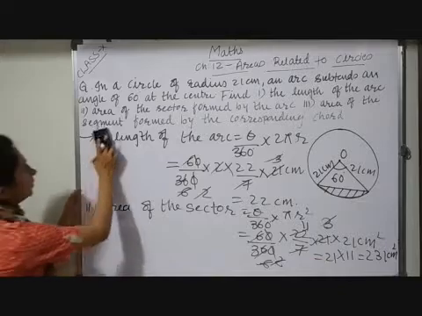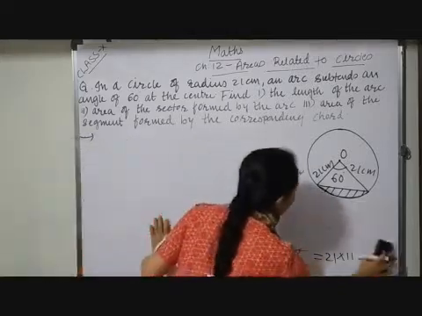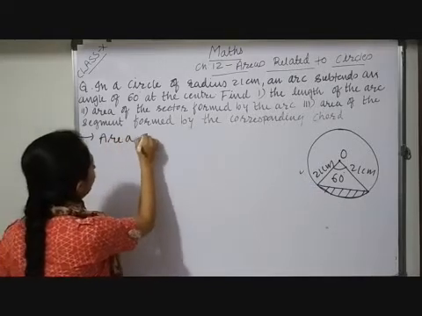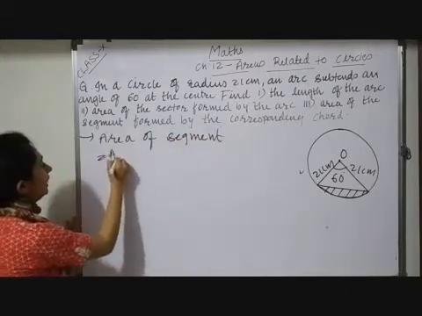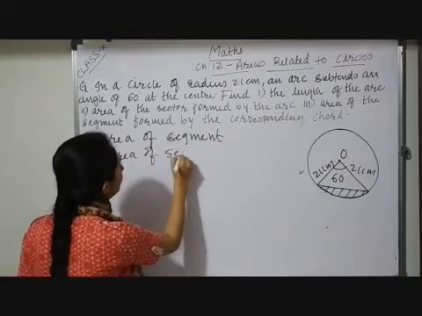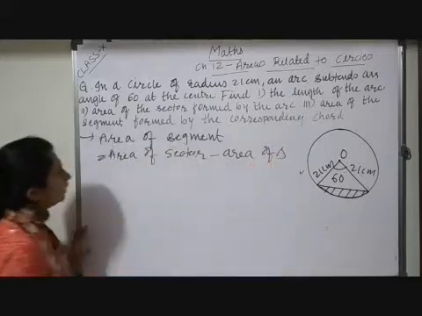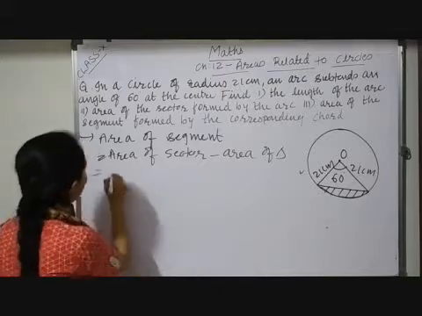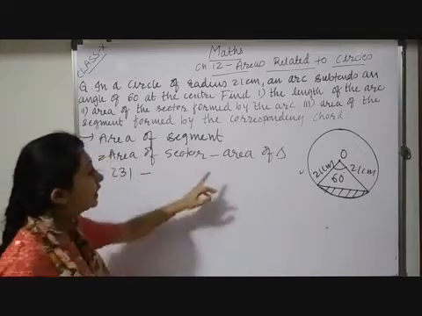So here area of segment is equal to, I can write, area of sector minus area of triangle. Now area of sector, that we have calculated just before, I guess 231. Yeah, 231 only, minus area of this triangle.